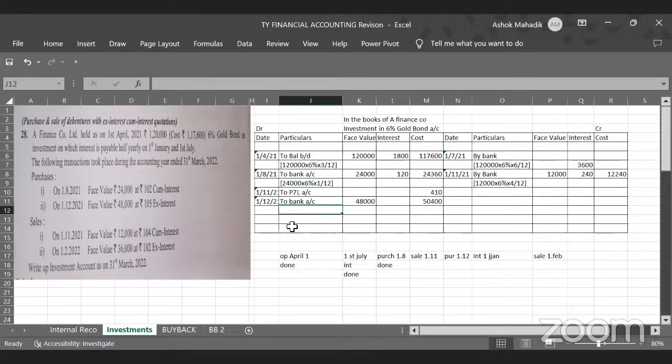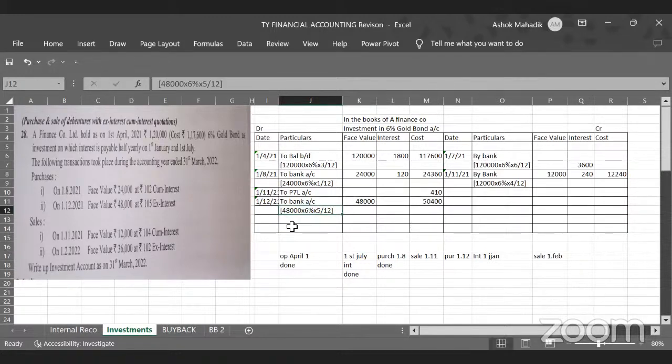Now let us calculate the interest. As I told you, we have to calculate interest on every transaction. So value is 48,000 into 6% into how many months have lapsed from July: July, August, September, October, November, December. December hasn't lapsed, so 5 months, into 5 by 12.